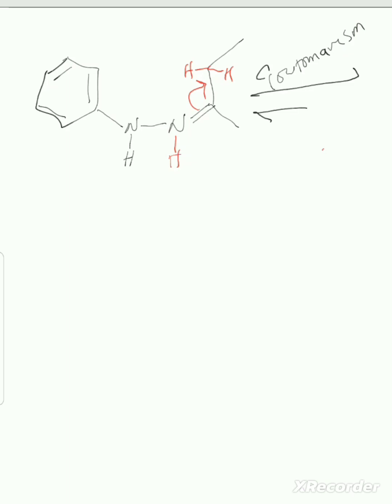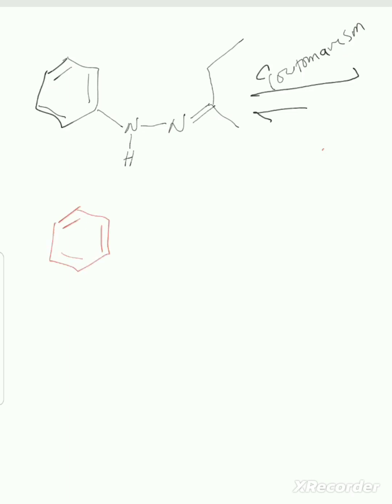So that is tautomerism, but there we don't show that the hydrogen has shifted or the bond has shifted, but you need just to bear in mind that the bond will shift from nitrogen-carbon to carbon-carbon. So what we are going to have is this, like this.